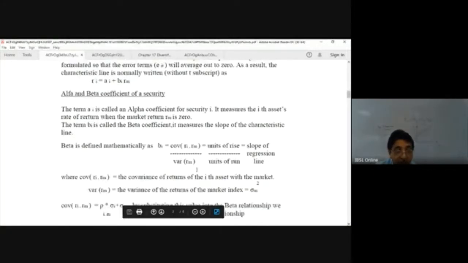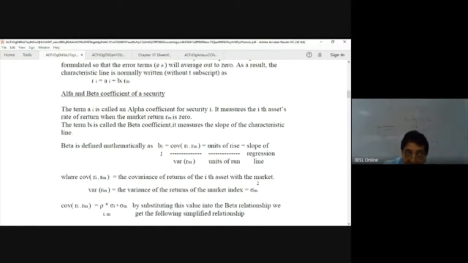Then we can explain BI in another form. That is what we have done here. Covariance RIRM divided by variance RM is the beta.